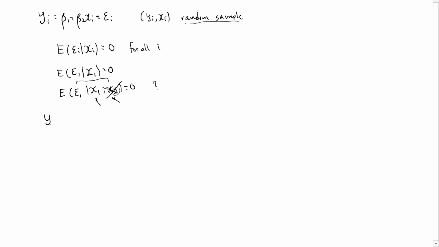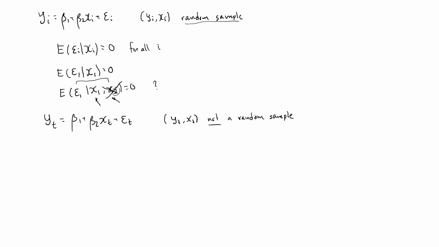Well, moving on to time series data, y_t is beta 1 plus beta 2 x_t plus epsilon_t. This combination of y_t and x_t is no longer a random sample. That means that suddenly it is possible that a random variable with one subscript is correlated and dependent on a variable with another subscript.